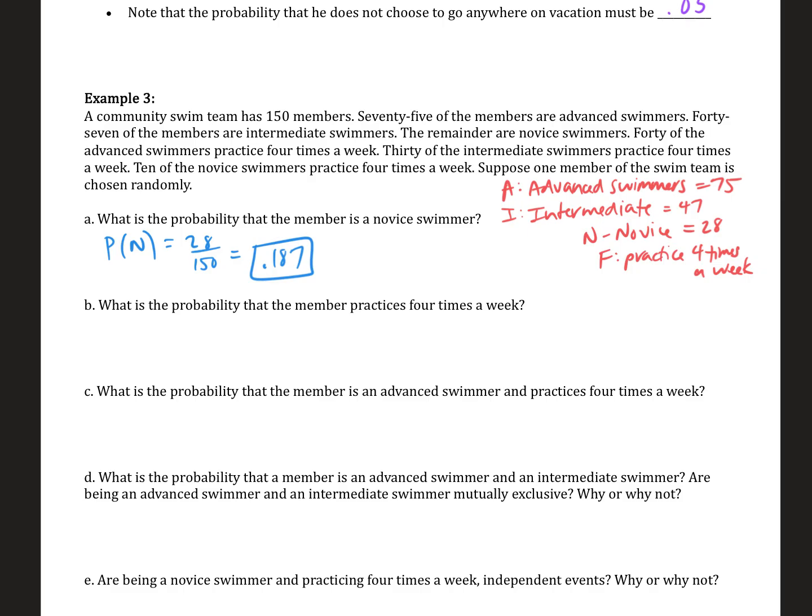What is the probability that the member practices 4 times a week? So what is the probability of F? All of them, not just one group, so we have 40, 30, and 10 that practice 4 times a week. So it's going to be 80 over 150, which is 0.533.